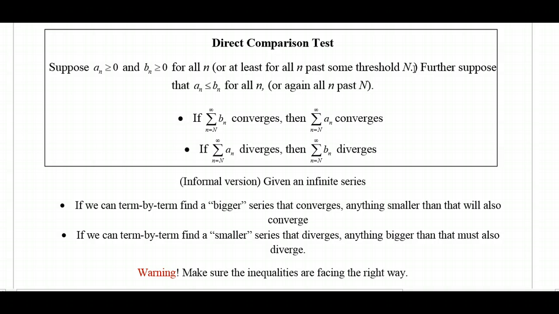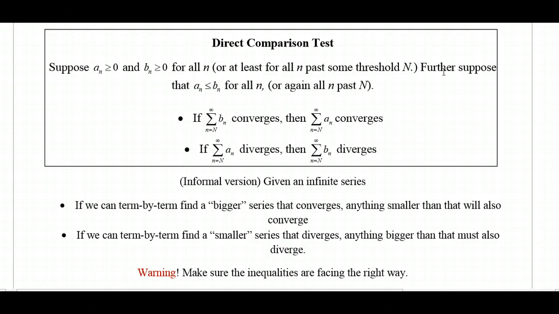So that's just a formal way of saying we don't really care what happens at the beginning of an infinite series. We can add negative a billion, we can add 100 million. It doesn't really matter what happens at the beginning. Positive, negative, that's not going to affect whether or not the end of the infinite series converges or diverges.